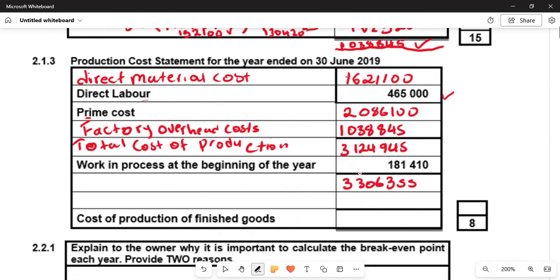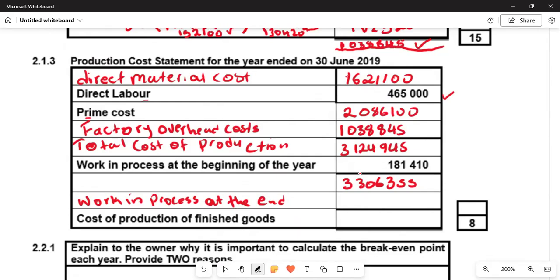So we don't know the amount for work in progress at the end. Work in process at the end. So this one, you don't know it.